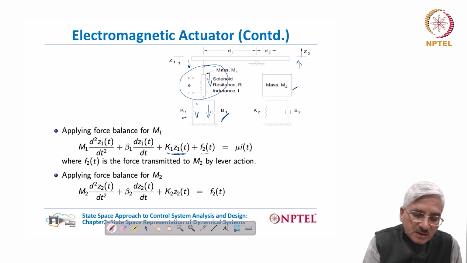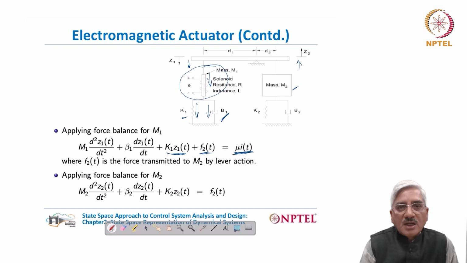So that force is F2. So we have M1 d2z1 by dt square plus beta 1 dz1 by dt plus k1z1 plus F2 all balancing the force Ft due to the current in the coil, which is mu times It.